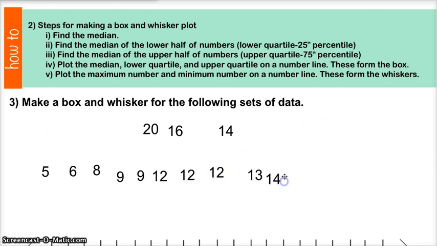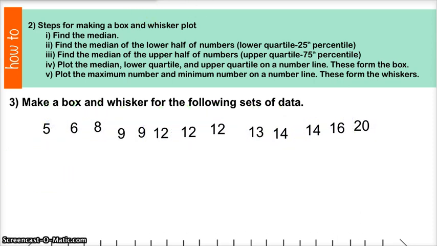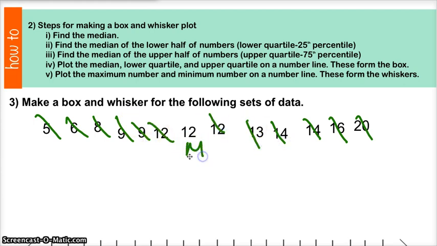We've got a 14, the 16, and the 20. All right, so now what I need to do is to find the middle. So let me grab my pen, and to find the middle, I'm going to cross things off until I literally hit the median. Here we go, and it looks like the median is 12.